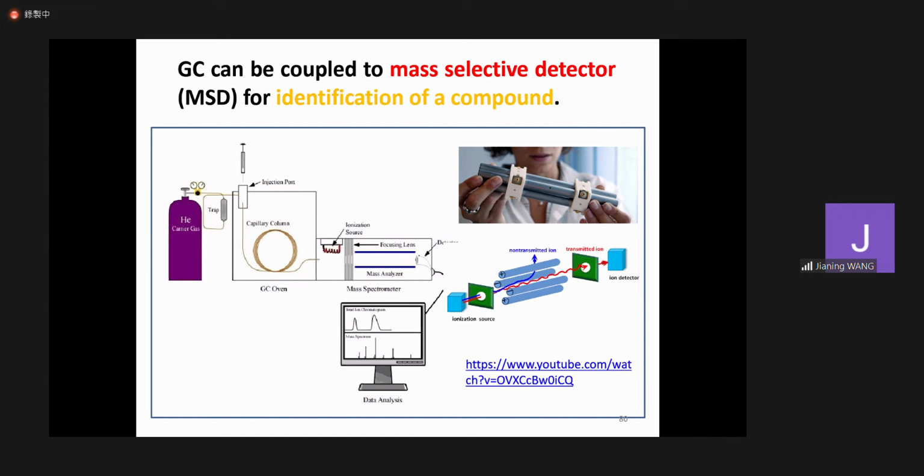But actually the mass spectrometer measures the ionized molecule or ionized atom. So actually it measures the molecule weight over the charge state. Okay, so this is the principle. This is the process.